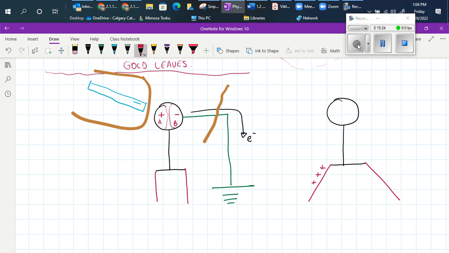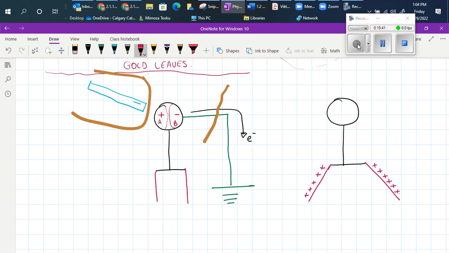So you will have positive charges here and positive charges here. And between the two same charges, based on the general law of charges, they will repel each other.